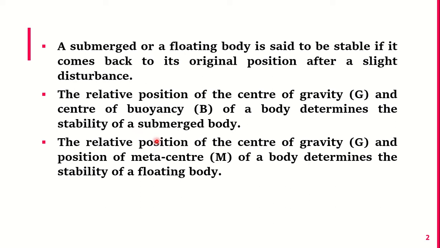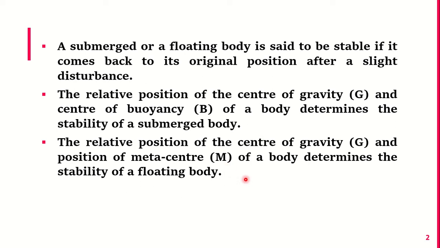When you are considering the stability of a floating body, the second case, you have two parameters which should be considered, which are center of gravity G again and meta center. Remember meta center, which I explained in the last class.